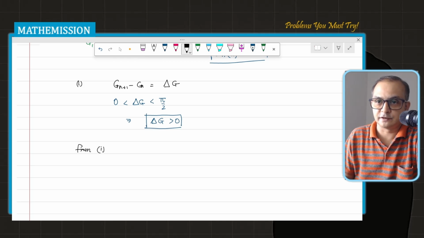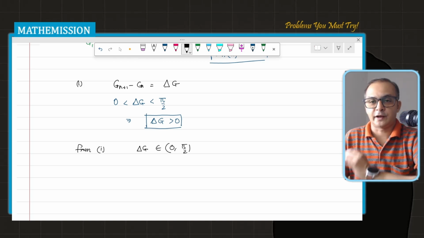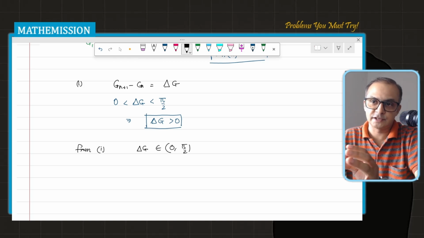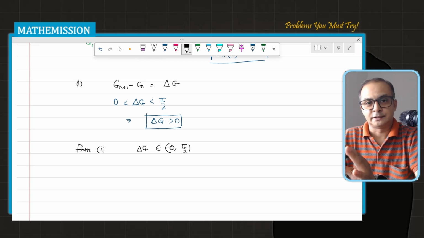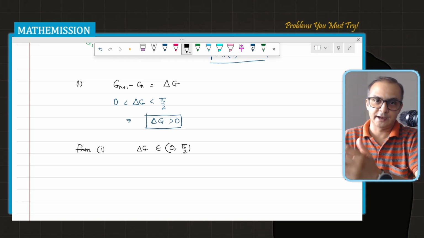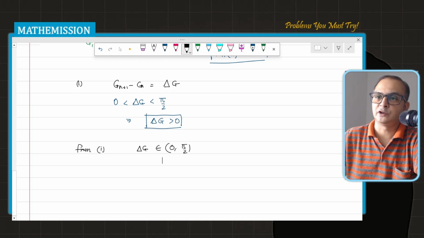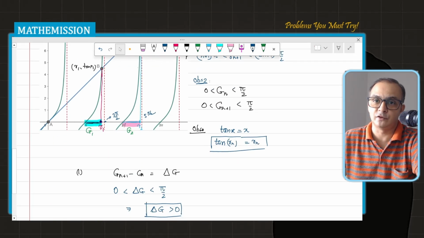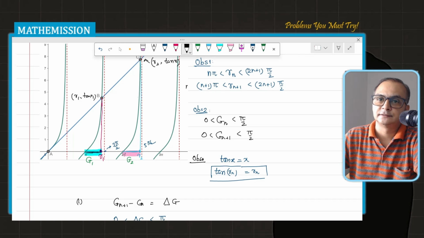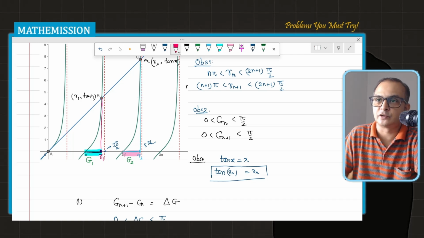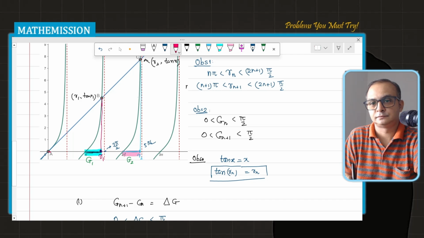I have just established a relation: from the first I noticed that delta g lies between 0 and pi by 2, and for every angle in the first quadrant, the tan of that angle is higher than the angle. How can you say it is higher? You can see the graph also. This is our first quadrant, from here to here, because this is pi by 2.